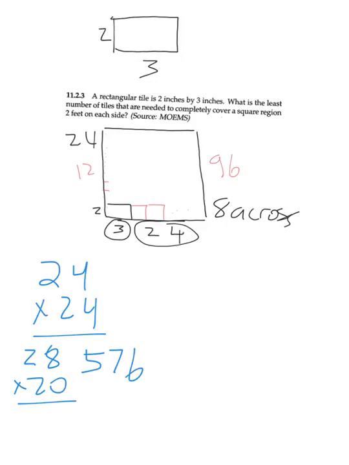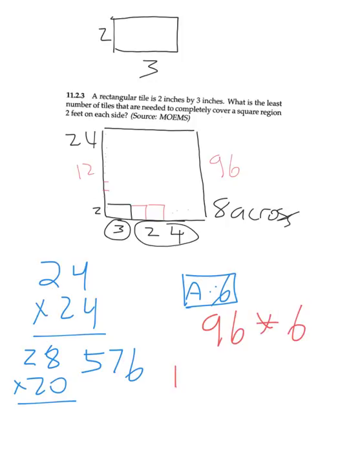Well, how many square inches is our 2 by 3? Our 2 by 3 has area equals 6. Right? Okay, so now, how many of these will fit in? Well, what is 96 times 6? That's too hard, let's not do that.